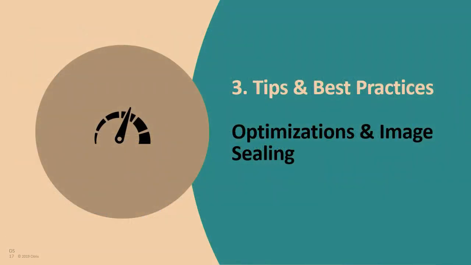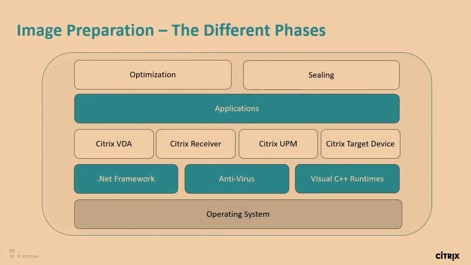All right. In the following section, we will take a look at some of the optimizations that are definitely very, very interesting in a Virtual Apps and Desktops environment, both the image and more, as well as image sealing. The traditional image creation process basically starts with an operating system.